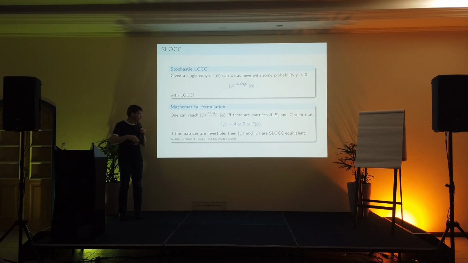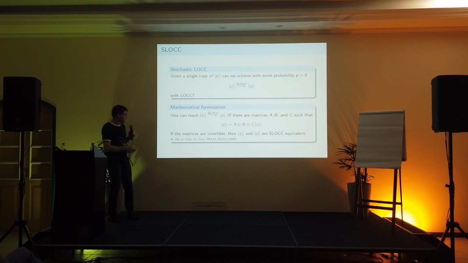Actually, I will also show later that this is quite related to some problems in mathematics, about tensor rank and so on, which I will explain in a second. So, shall I give you some argument why this is equivalent to this one?